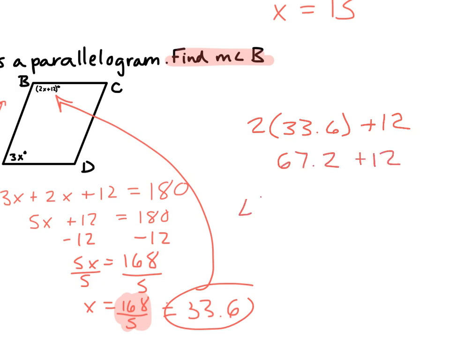And what do you guys get for angle B? 79.2. Perfect. So 79.2 is our answer. Any questions on this one? Ready for the next?